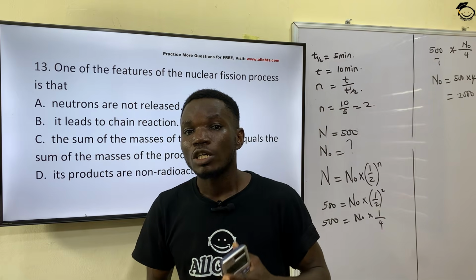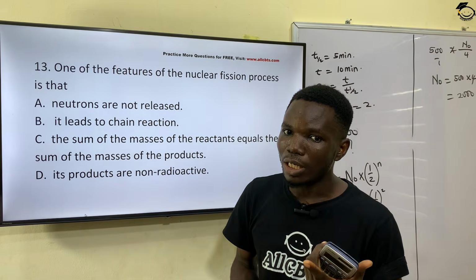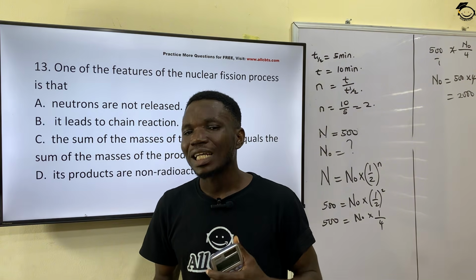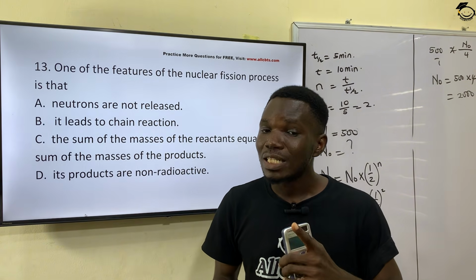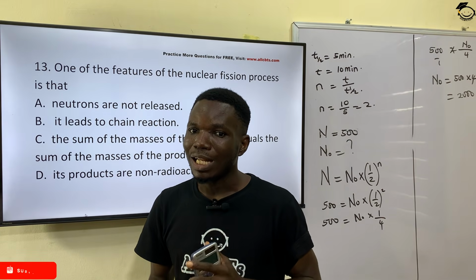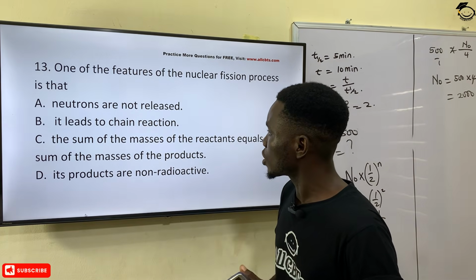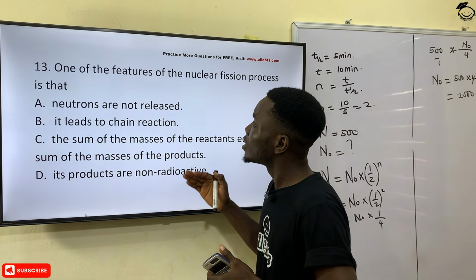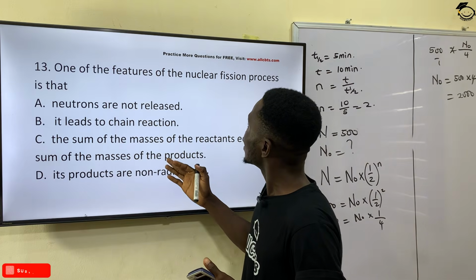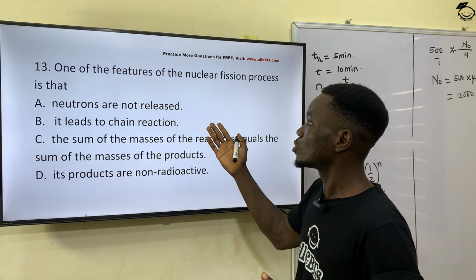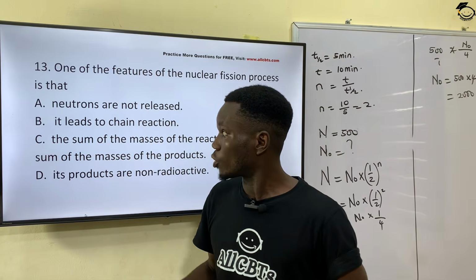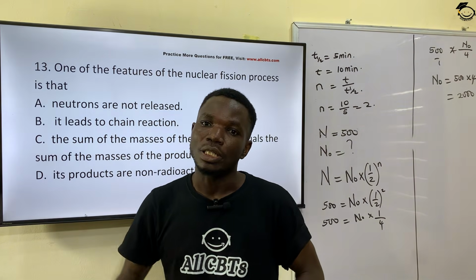But in the process, neutrons are generally released, electrons are generally released, and the masses of the reactants do not always equal the masses of the products as a result of the loss in mass that occurs in the process. So the only feature among these options that is synonymous with a nuclear fission reaction is that it leads to a chain reaction. So the correct answer here is option B, that it leads to a chain reaction.